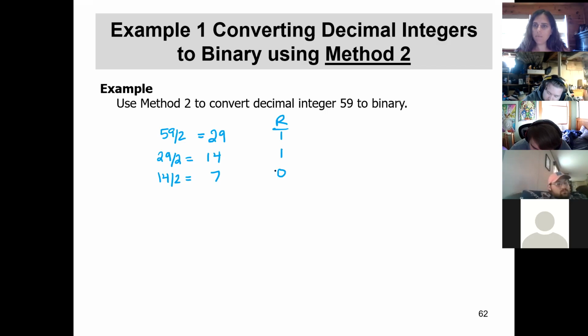There's no remainder. Now I'm going to divide 7 by 2. I just keep doing this process till I get done. 7 divided by 2. Well, 2 goes into 7 3 times nicely with a remainder of 1. 3 divided by 2, 1, with a remainder of 1.